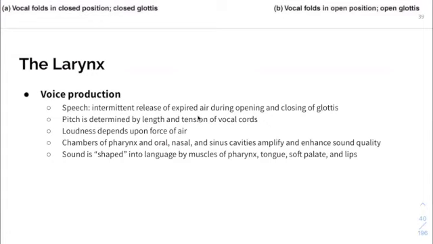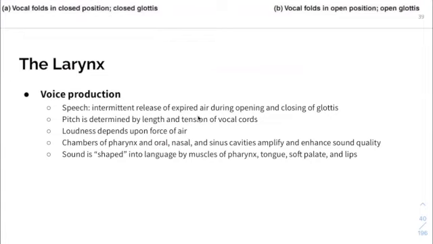So speech is, we're breathing out air, it's kind of controlled, and it's released in short bursts depending on what's going to be said, how long you need to hold something, a pitch if you're singing or something, how loud you want to be.